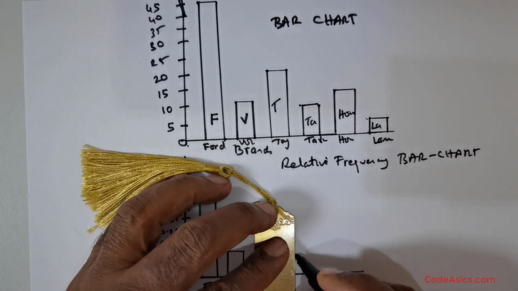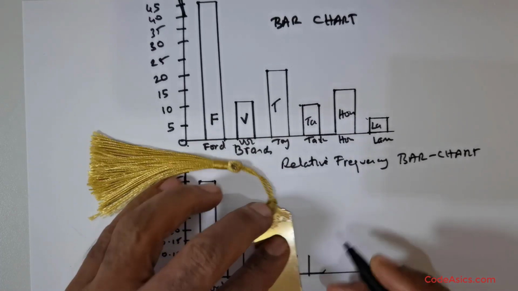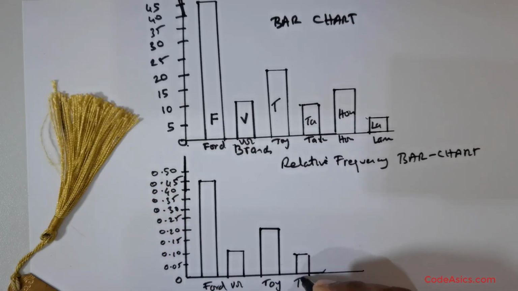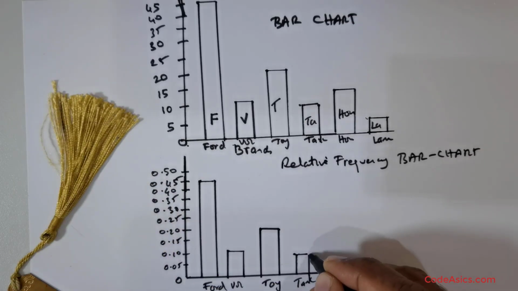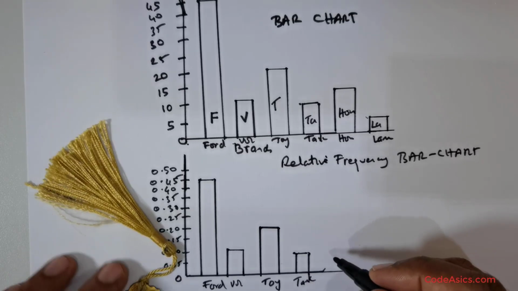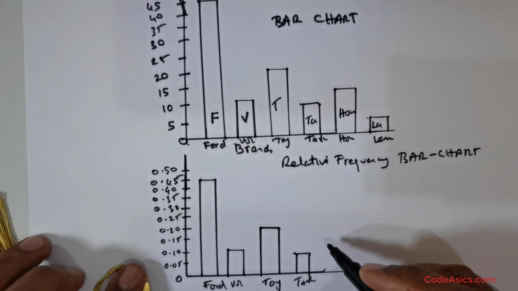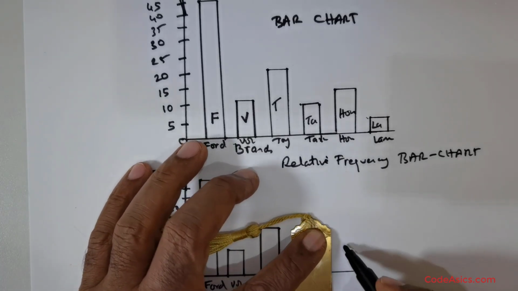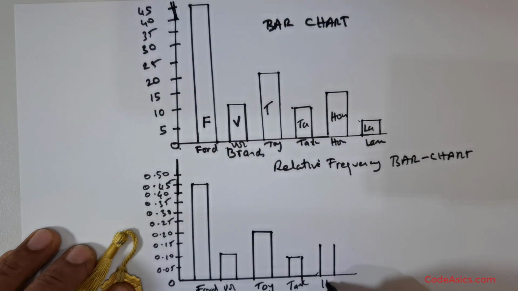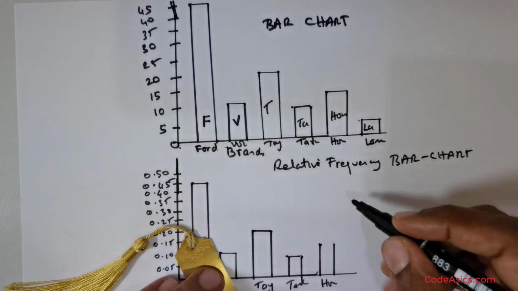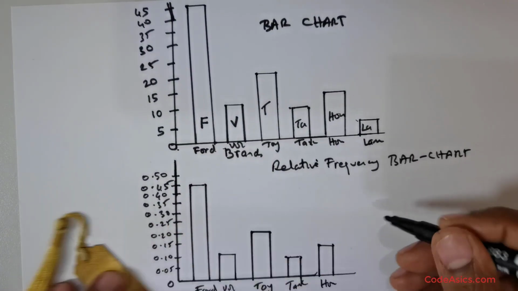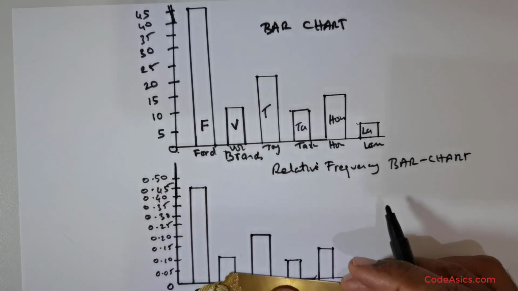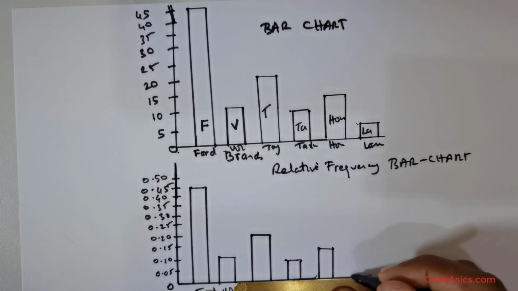And you can mark that. So this is going to be tank. And Honda is 0.14. 0.14 is over here. Okay. Honda. And then you got Lamborghini is 0.03.